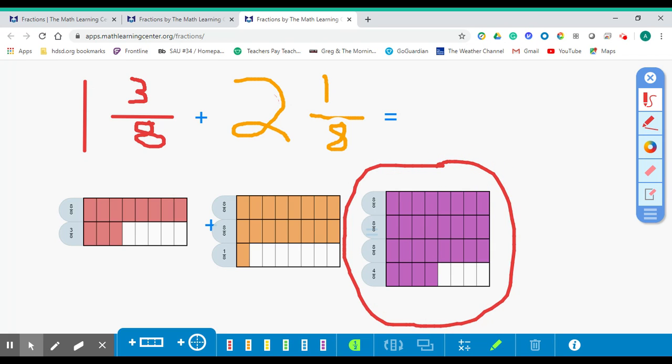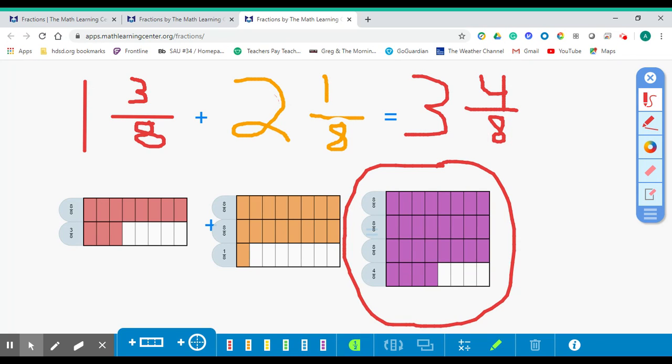And we have 1, 2, 3 whole fractions. So that means our whole number is going to be 3. But we still have a fraction. And this fraction is 1, 2, 3, 4 as our numerator out of a total of 1, 2, 3, 4, 5, 6, 7, 8.